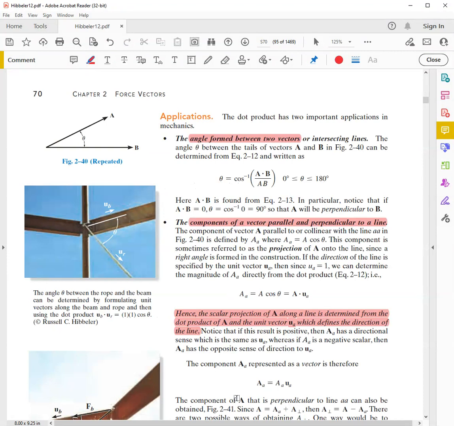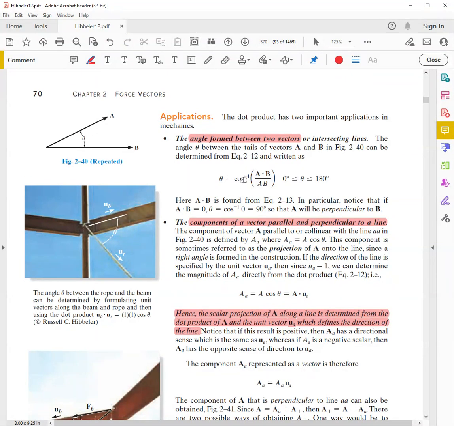Anyway, this is about the dot product, and in addition we will use it later when learning about work, that's in dynamics. We can evaluate the angle between 2 directions in space, or in general, it could be in 2-dimensional space. So we evaluate the dot product A dot B divided by the magnitudes, and we get the cosine of the angle.